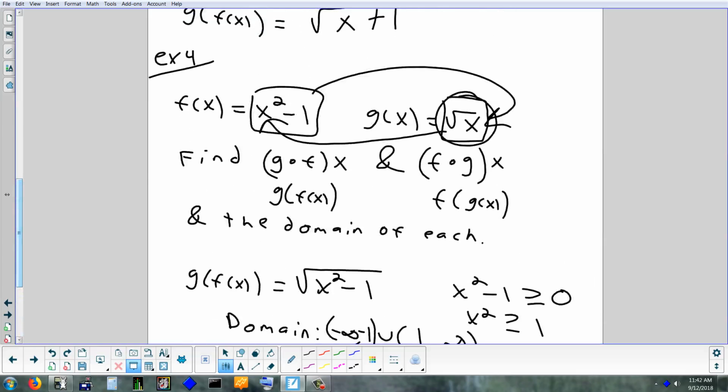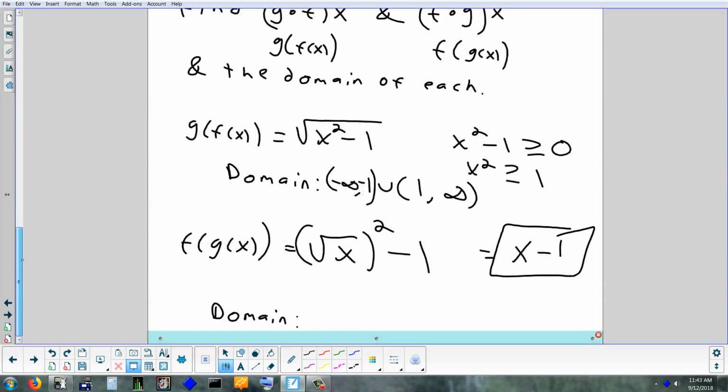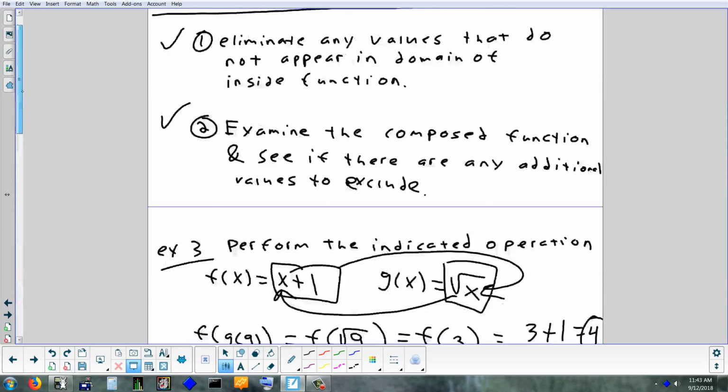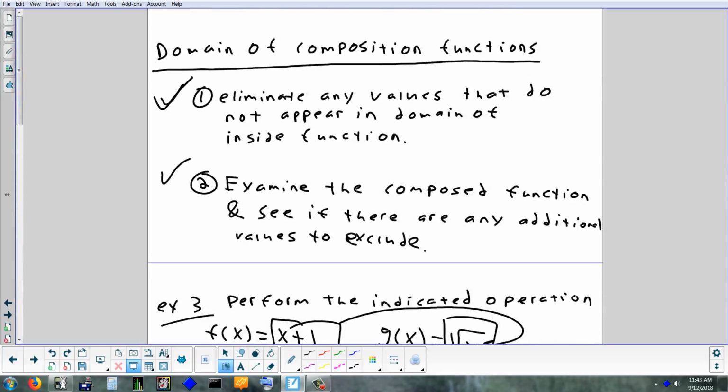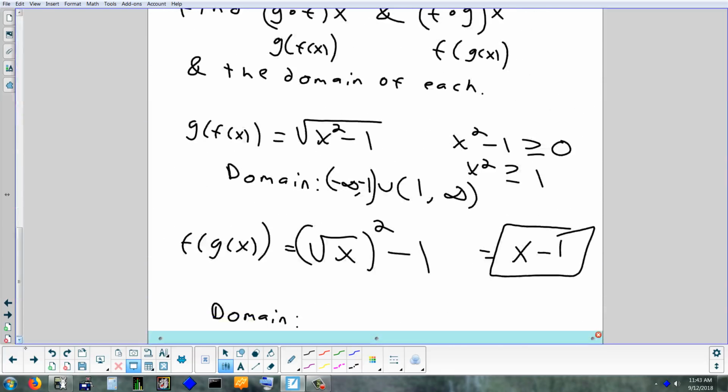So what kind of numbers can you pick? If I wanted to write it down, from 0 to infinity. Exactly. G of x has a restriction from 0 to infinity. Now that's not the final answer. Now look at the final answer. The final answer is x minus 1. Are you dividing by a variable when you have x minus 1?